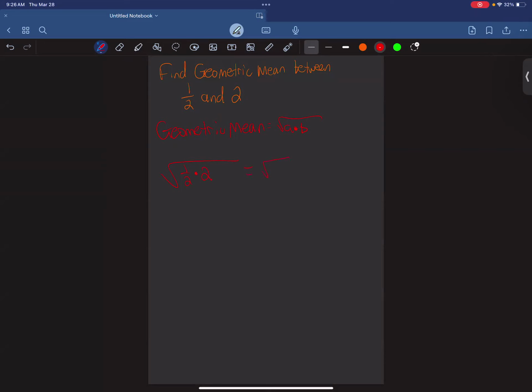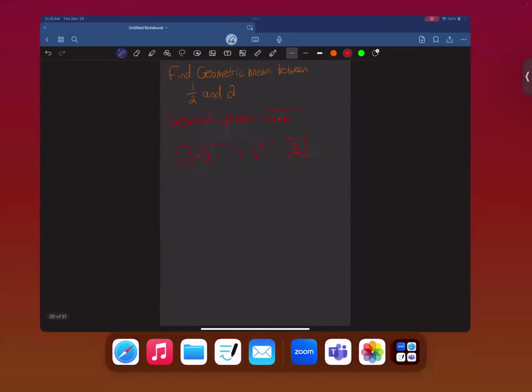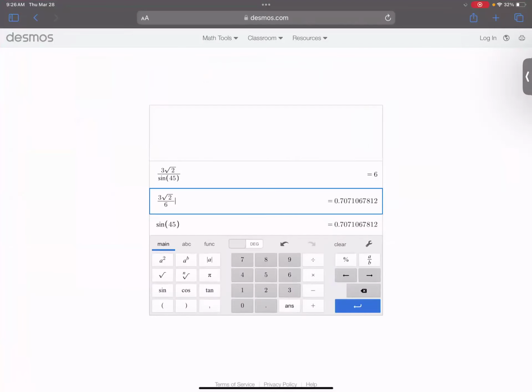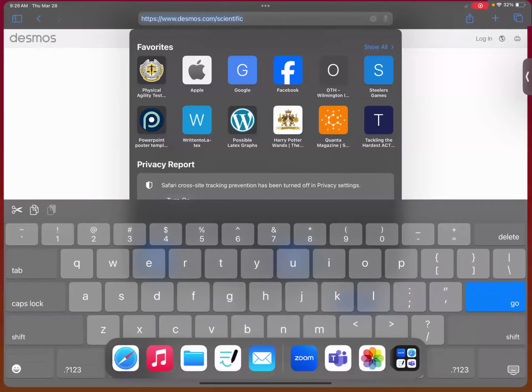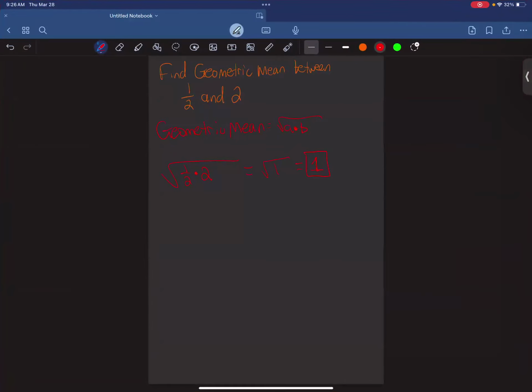Well, 1/2 times 2 is 1, and the square root of 1 is 1. Just to check that, you could do square root of 1 equals 1. Again, this calculator is completely free to use, desmos.com/scientific. This is the formula you're going to use for geometric mean every time.